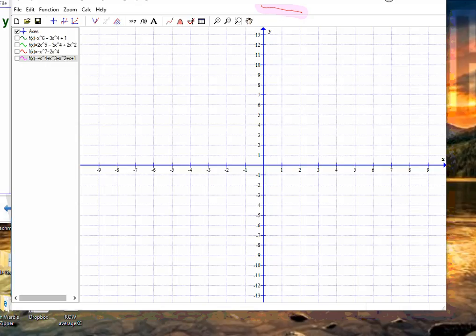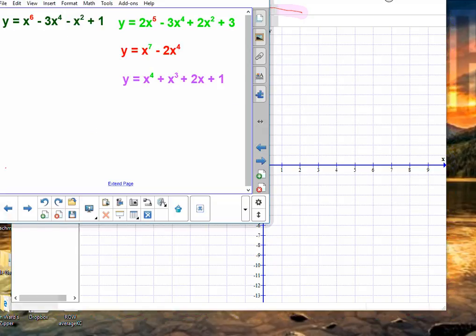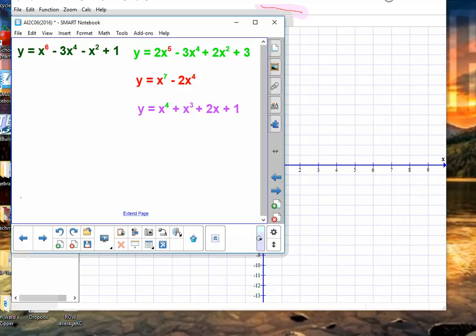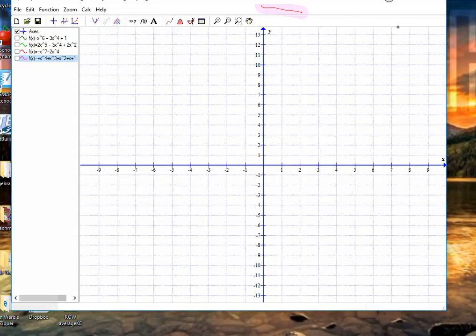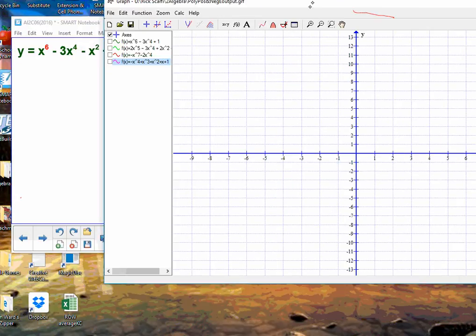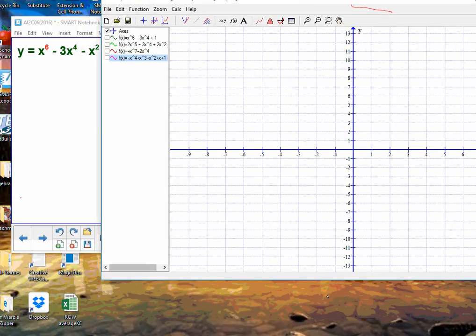You got to be kidding me. Smart Ink did not work any other time I tested this. And now Smart Ink is going to be a smart aleck and it's going to work. All right, whatever. It's hard to find stuff. Move. Go bigger. All right, we'll just live with that.